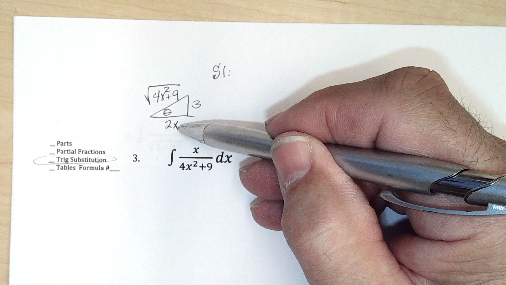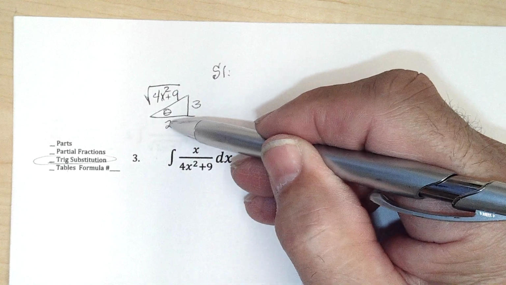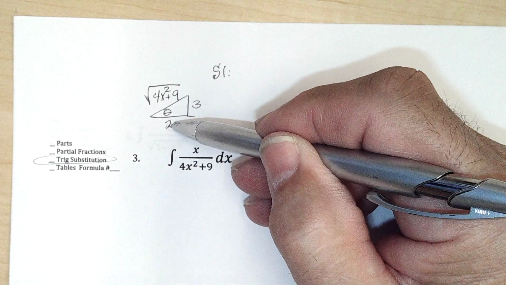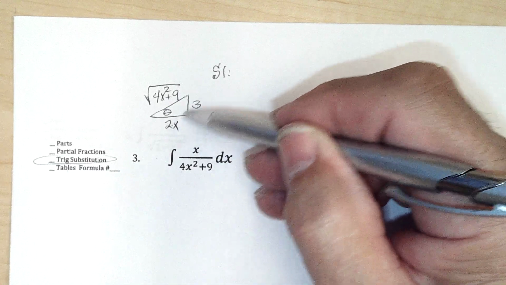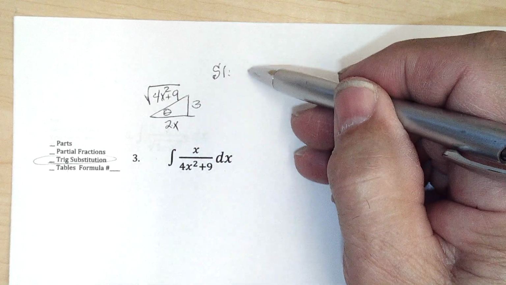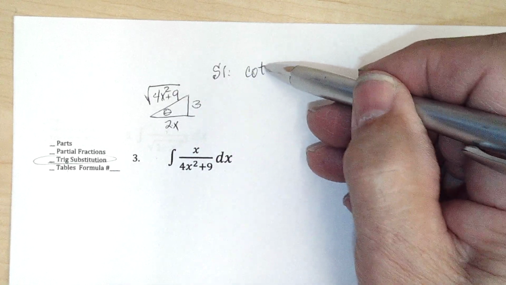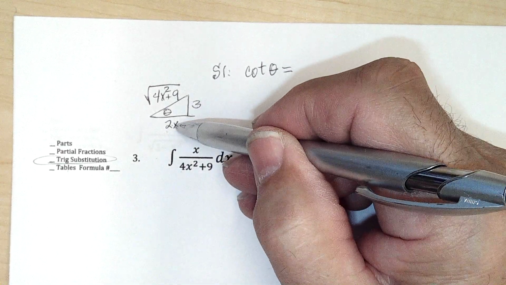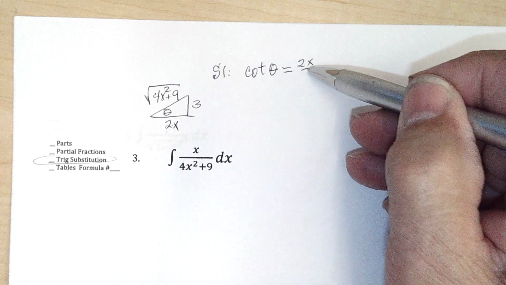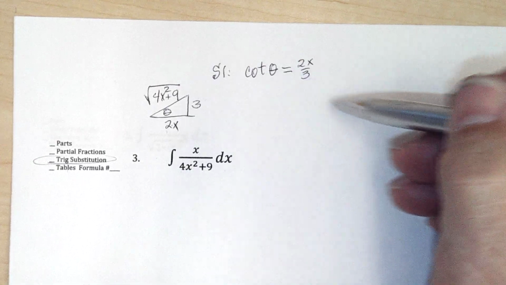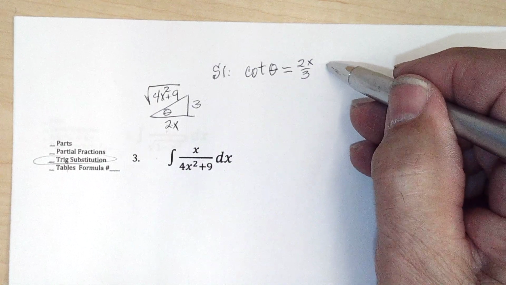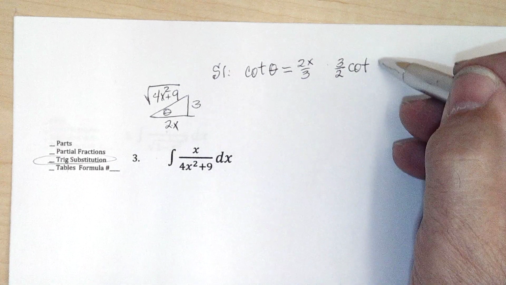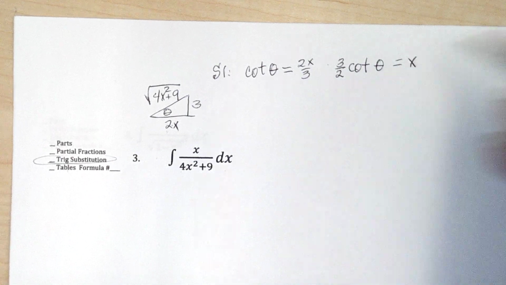Now, I put it here, so my expression for x is going to be 2x over 3. If I put the 2x over here and 3 here, it'd be 2x over 3. That would be tangent, but the way I got it, it's cotangent of theta is adjacent over 3. So I'd multiply both sides by 3/2, so I get 3/2 cotangent theta equals x.